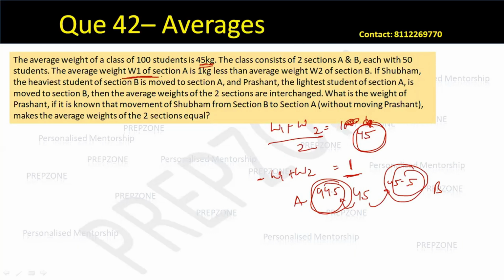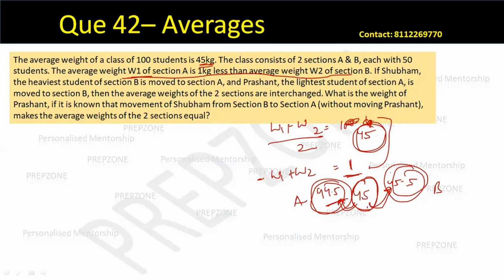This is given: W1 is 1 kg less than W2, so W2 minus W1 is 1. Either you solve it and get W1 equals 44.5 and W2 equals 45.5, or you simply apply logic that, see, the average has to be 45, right? And the difference must be 1. So you just split the difference in half and say 0.5 and 0.5. So this will be 44.5 and 45.5.